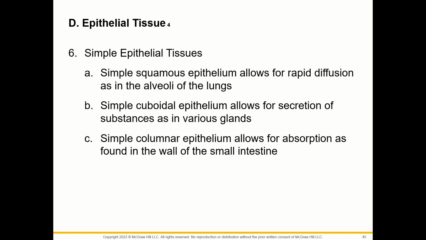Here are some examples of the structure and functions of epithelial tissues. Simple squamous epithelium allows for rapid diffusion, as in the alveoli of the lungs. Simple cuboidal epithelium allows for the secretion of substances, as in various glands. And simple columnar epithelium allows for absorption, as found in the wall of the small intestine.